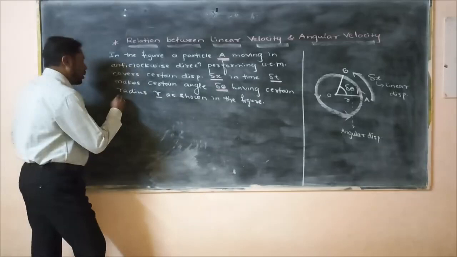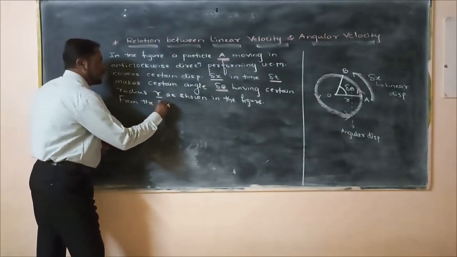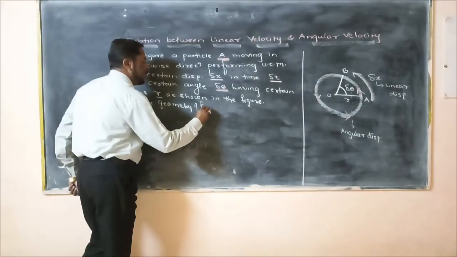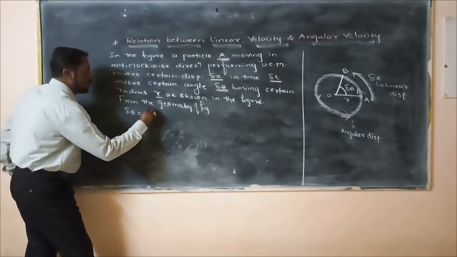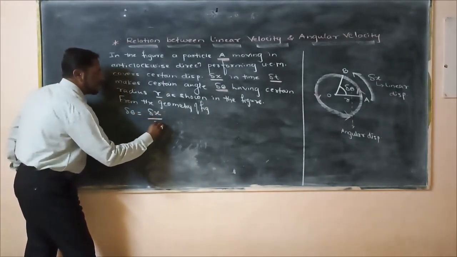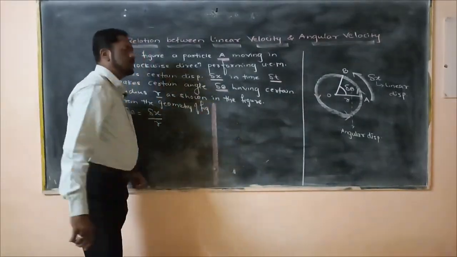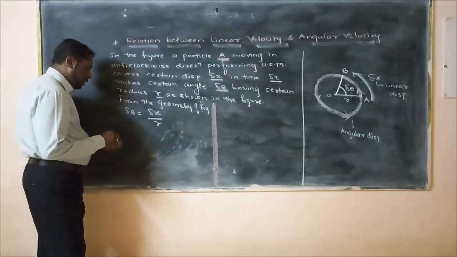From the geometry of the figure, we can write delta theta is equal to delta x upon r. How is this? The geometry tells us that delta theta is equal to delta x by r.